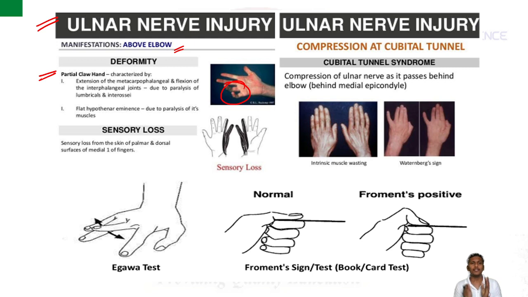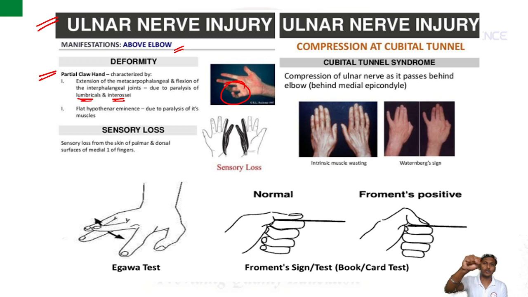Okay, so please remember, it is due to injury to your third and fourth lumbricals and your interossei. There would be extension of the metacarpophalangeal joint and flexion of the interphalangeal joint. This is how it would be seen.